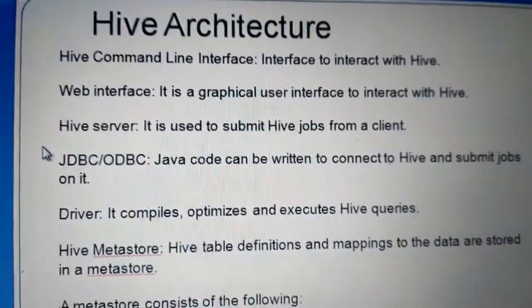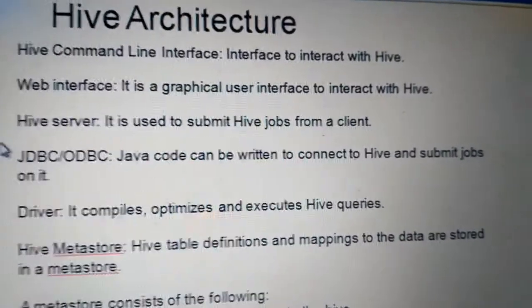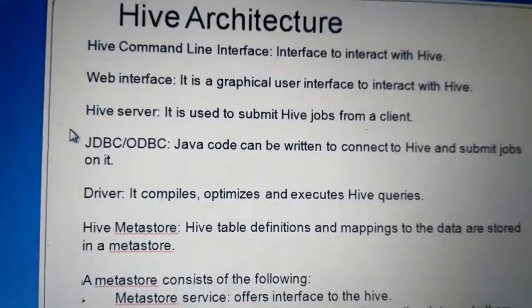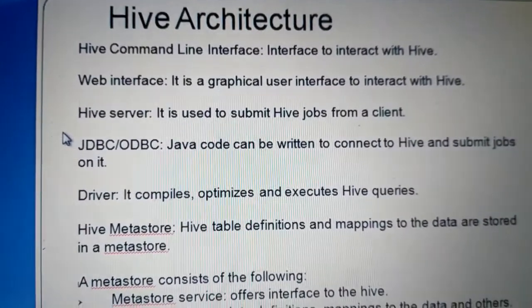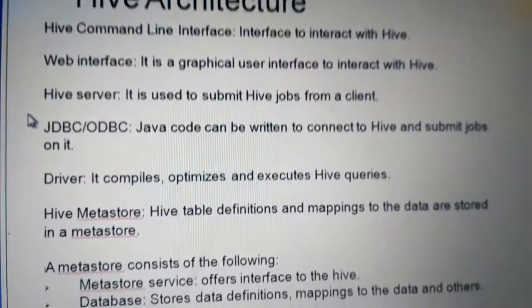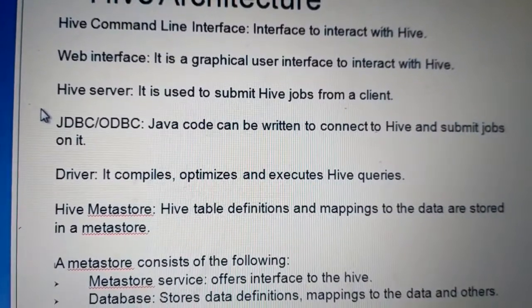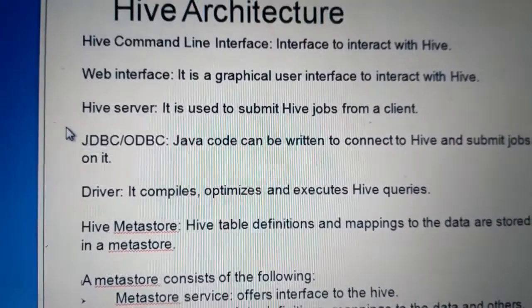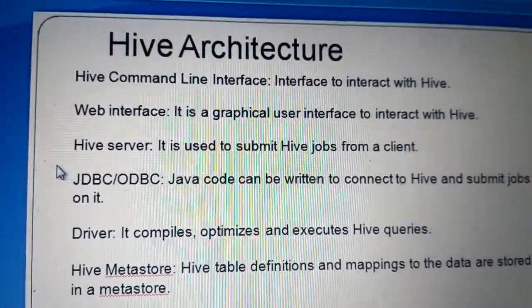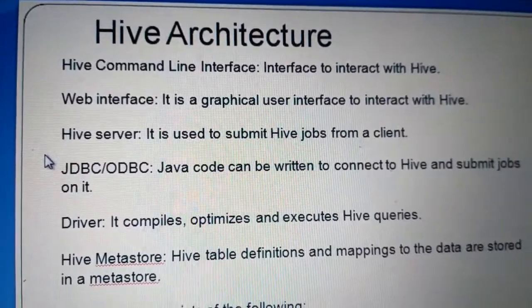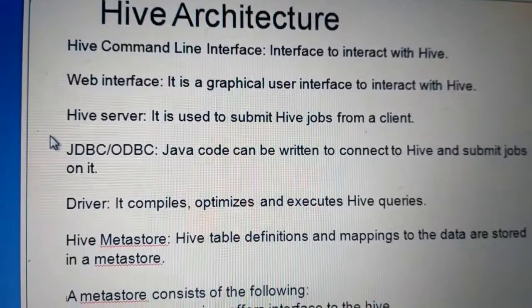Then Hive architecture. What are the different jobs done by the components involved in the Hive architecture? As per the previous figure, the Hive command line interface is used to interact with Hive. And the web interface is a graphical user interface used to interact with Hive.